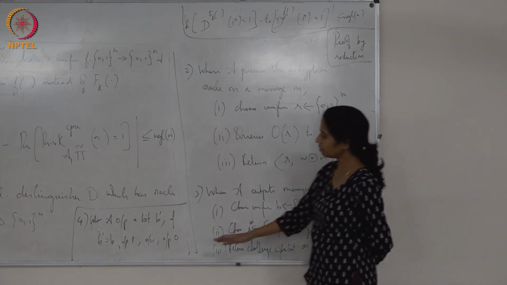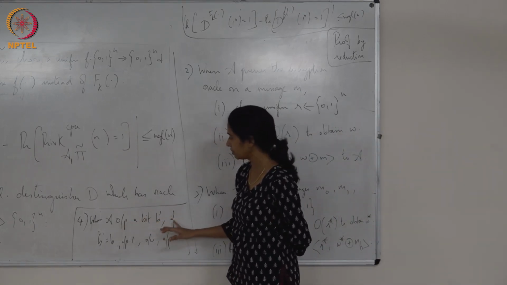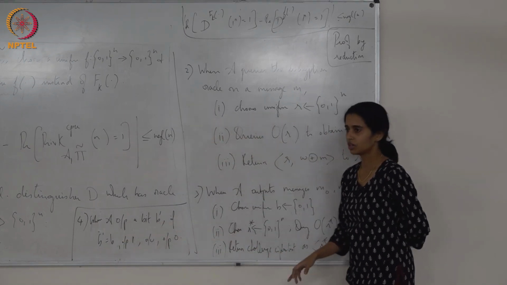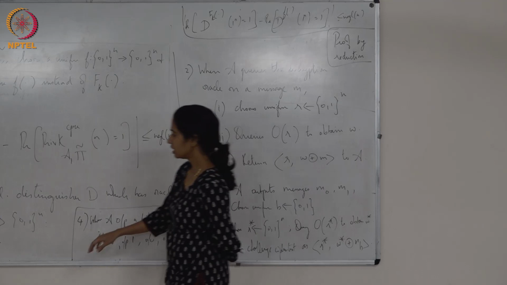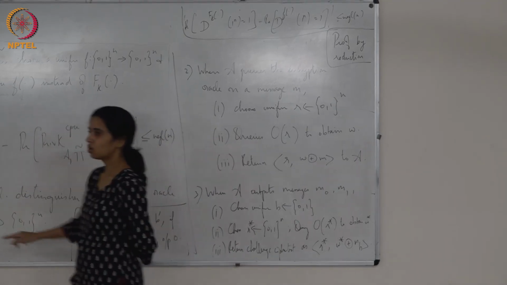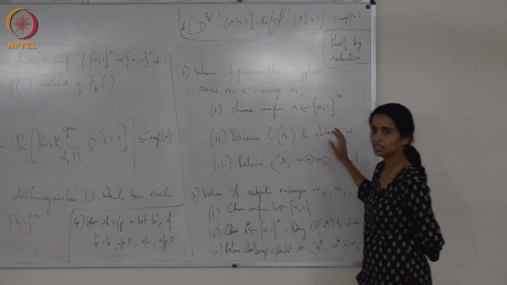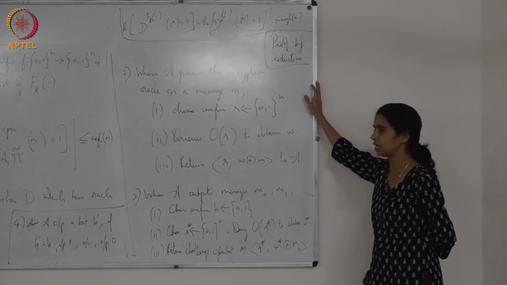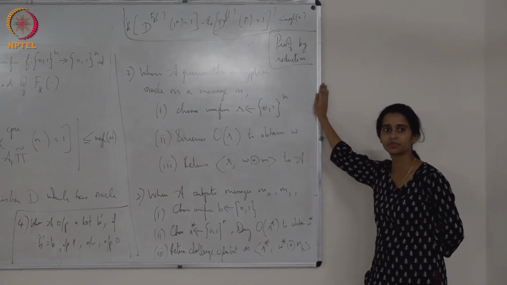Finally, when A outputs a bit B prime, if B prime equals B, D outputs 1, otherwise D outputs 0. Now the question is, if this O was Fk, which experiment would it seem like to A that it is taking part in?